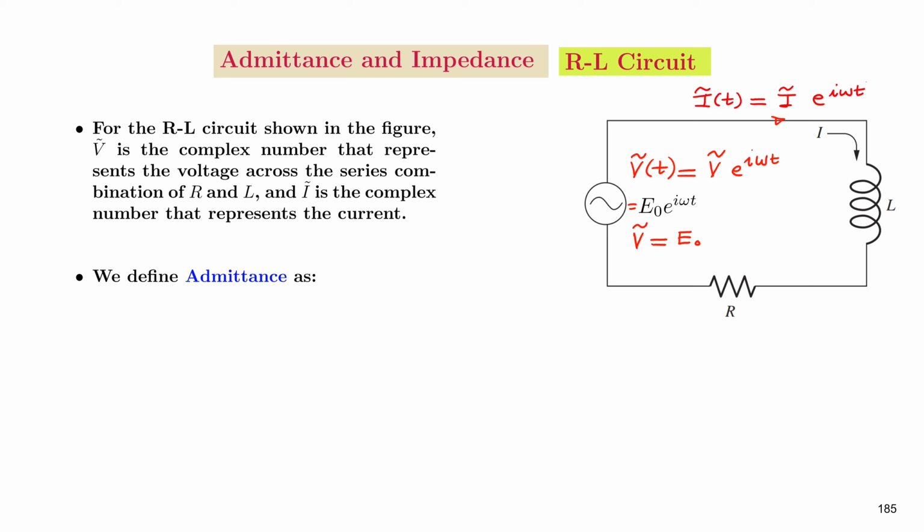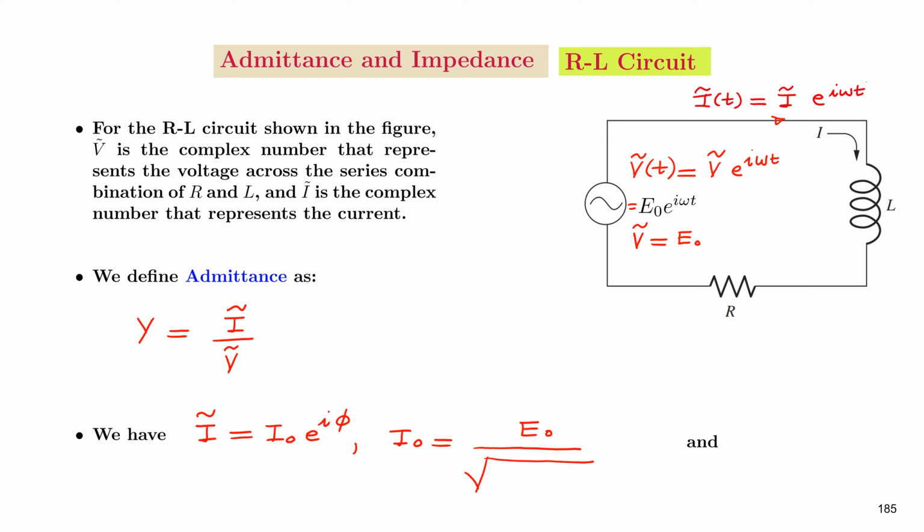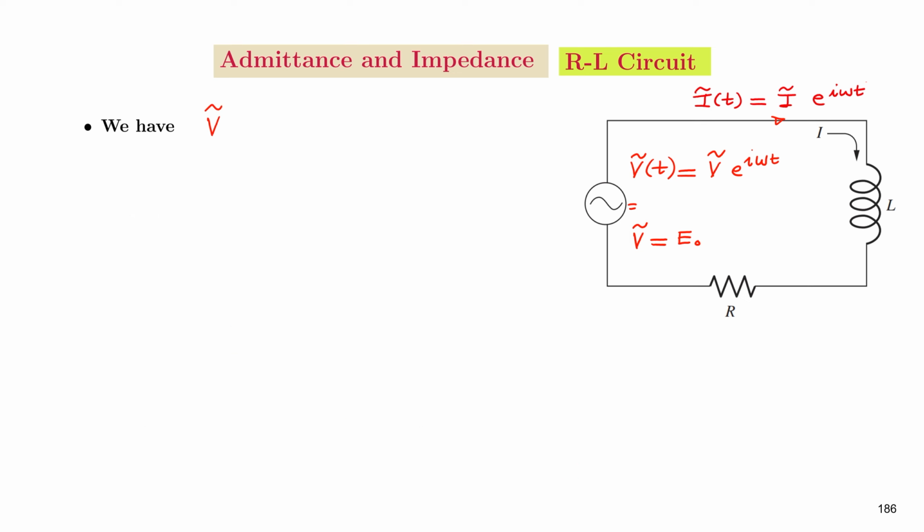We define the admittance as a parameter Y, which is equal to the complex current over complex voltage, where we have the complex current as given by I0 e raised to i phi, where I0 is equal to E0 over square root of R square plus omega square L square, and tan phi equal to minus omega L divided by R. But as defined, the complex voltage V will be having only the real part, and that is equal to E0.